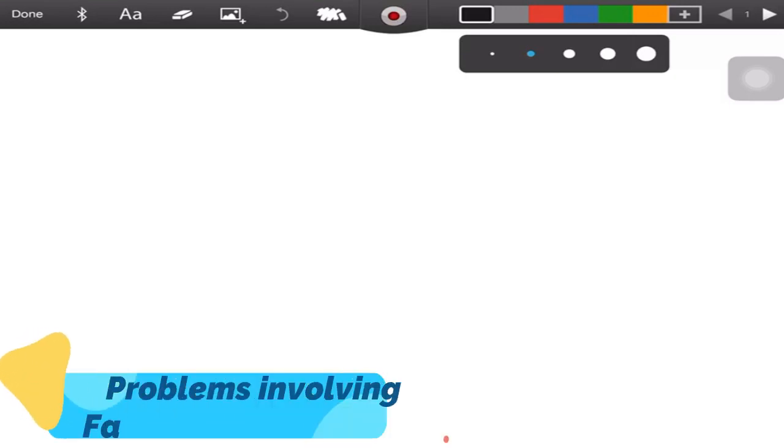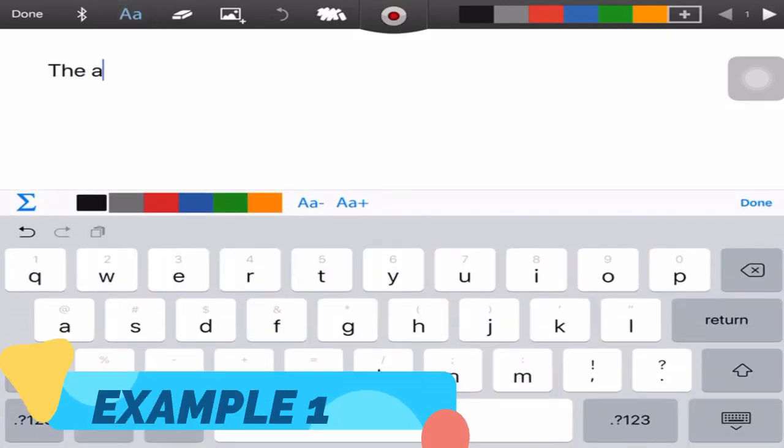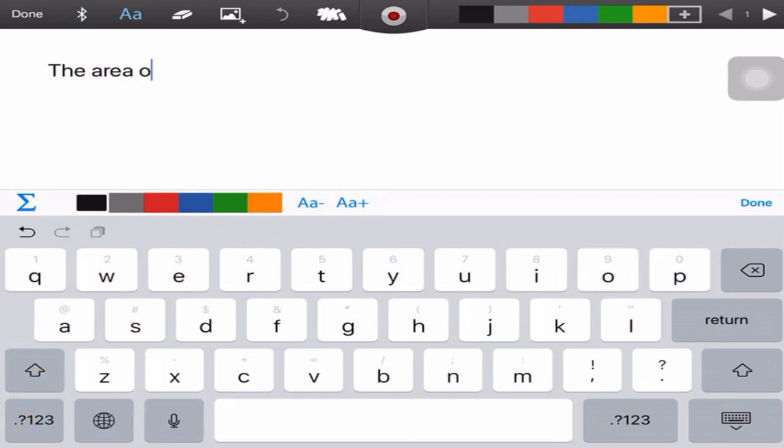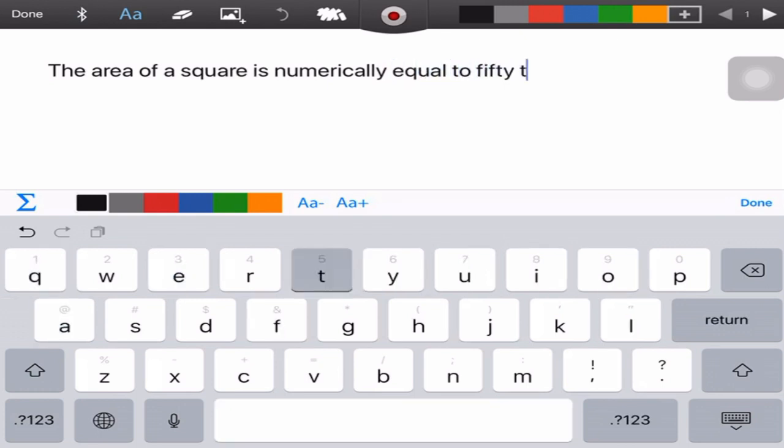In this lesson, we will solve problems involving factoring. So let us have the first problem. The area of a square is numerically equal to 50 times its perimeter.